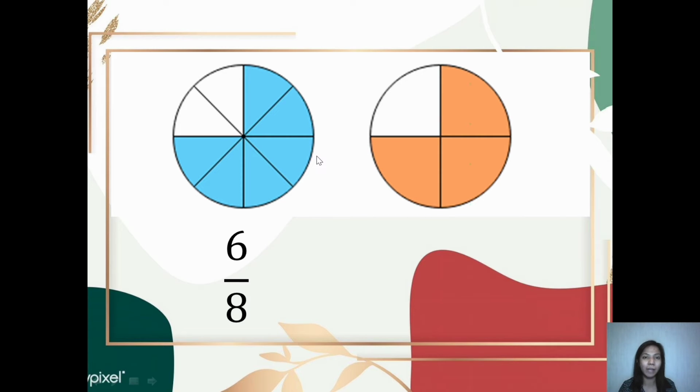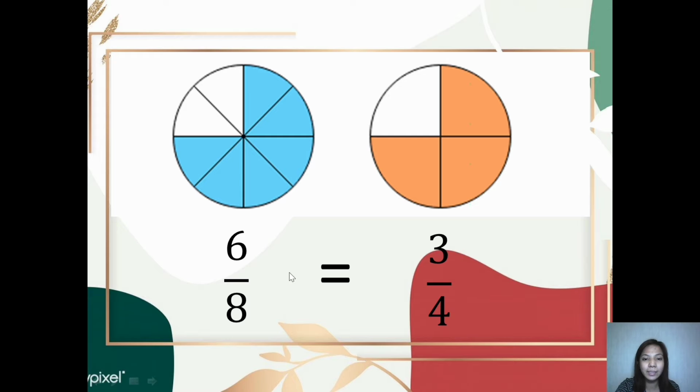So we have 6 over 8. And then the orange shaded region has 3, and the total parts is 4. So we have here 3 over 4, or 3/4.